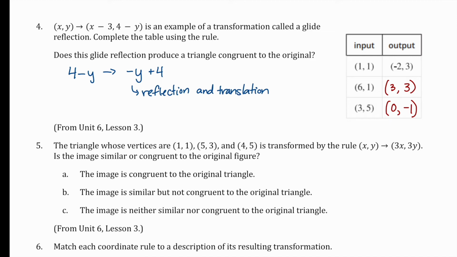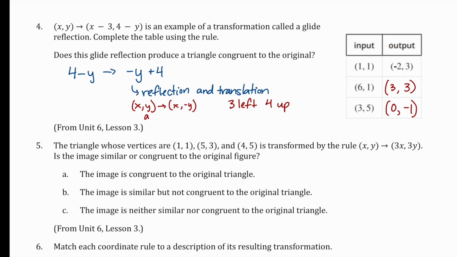It also means that we're combining a translation into this, by going 3 units to the left and 4 units up. So the translation is 3 left, 4 up.